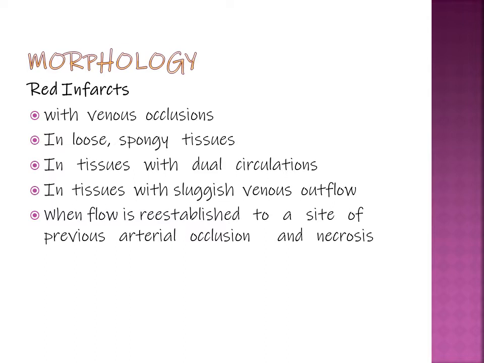And a fifth important feature is that it can develop in areas where the previous arterial supply was occluded, and after the occlusion some intervention has been done, like angioplasty of some occluded artery, and after the repair of the artery, the blood flow is again established to that site, and it may result in necrosis.